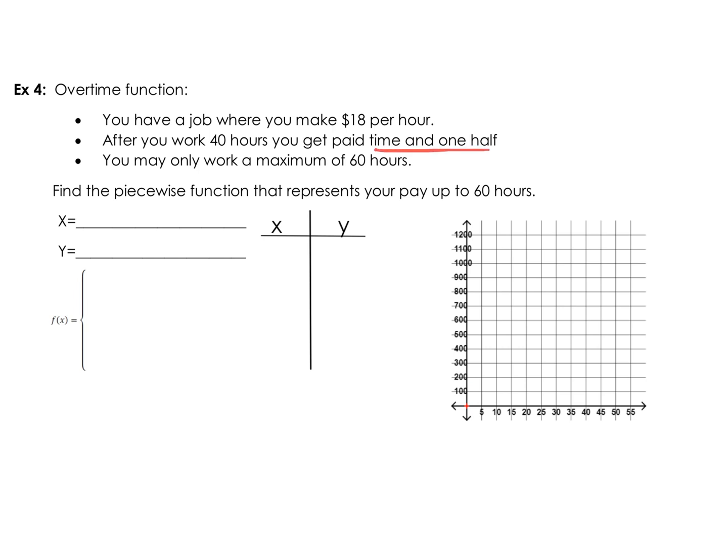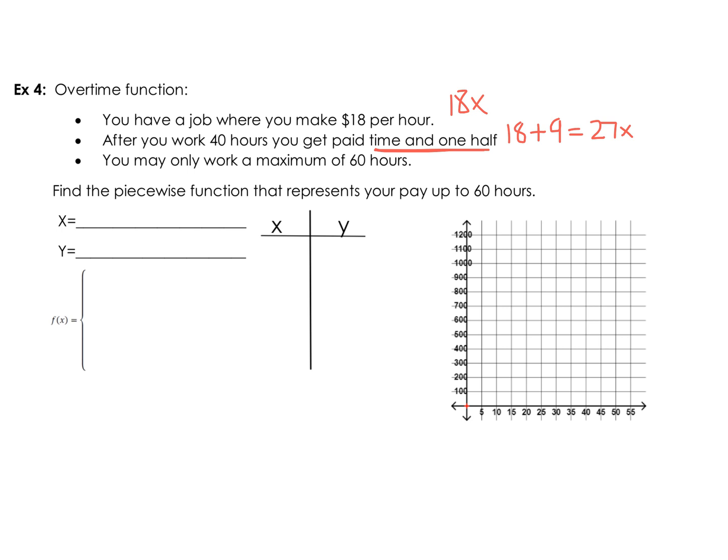So you need to understand that that means you get $18 per hour plus half of that. Half of 18 is 9, so therefore you're going to get paid $27 per hour now. Before that, you're just getting paid $18 per hour. And then it says you may only work a maximum of 60 hours.